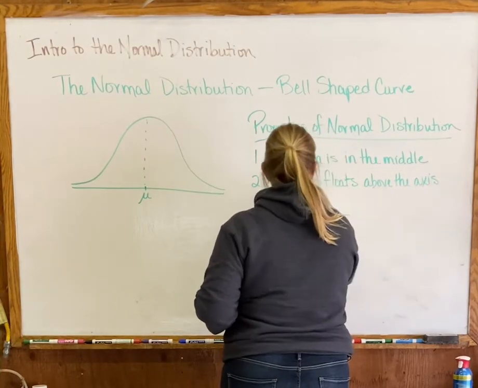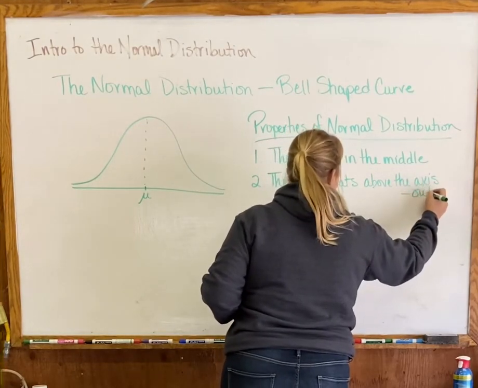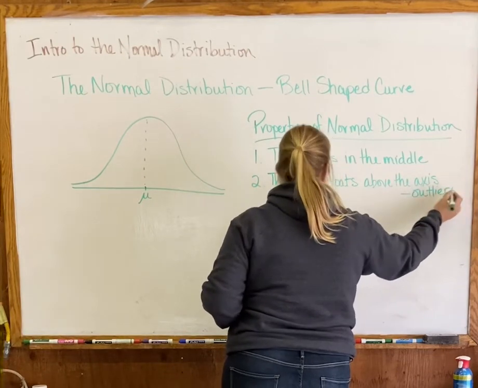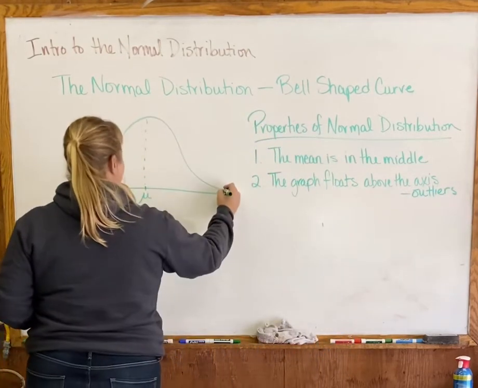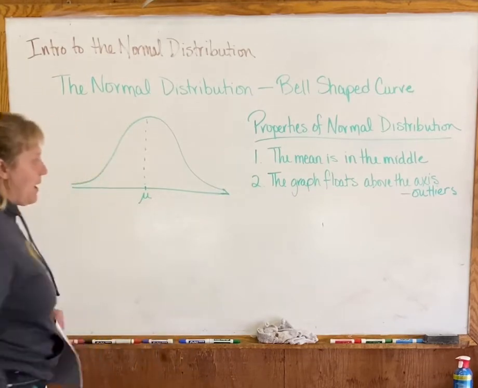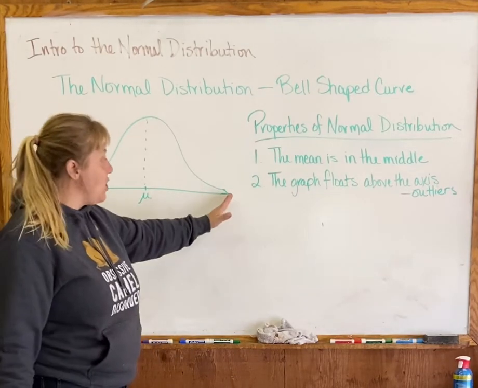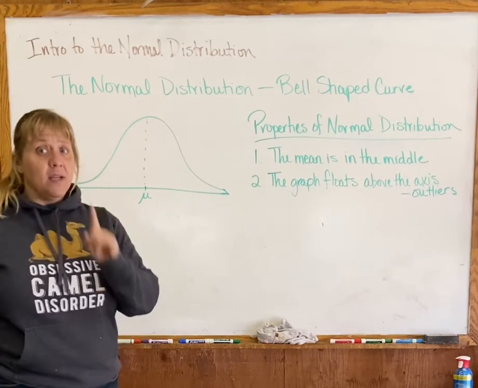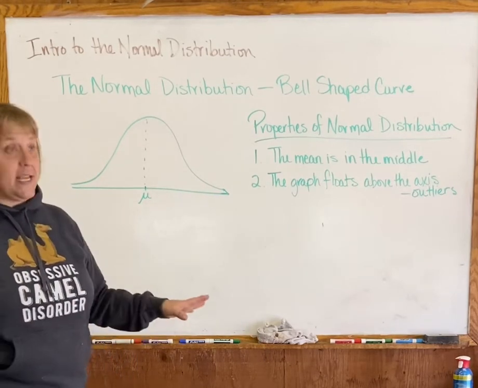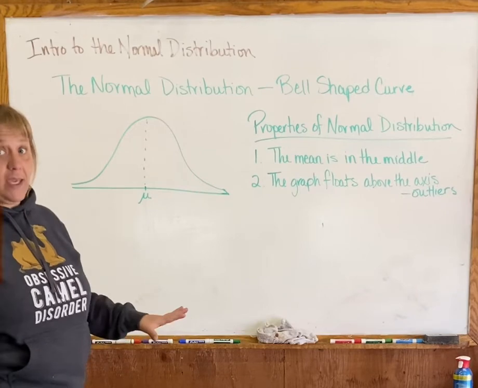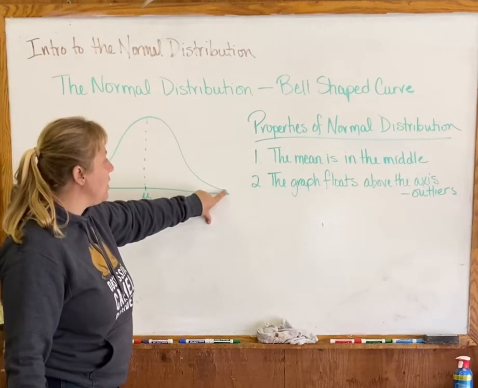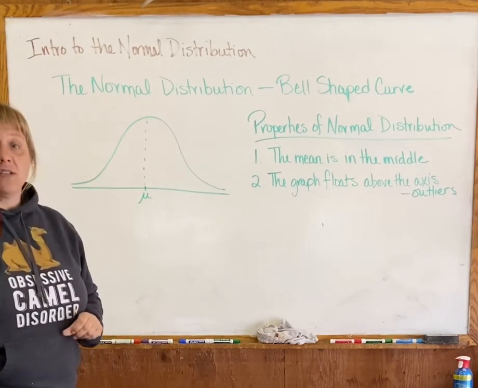And the reason for this is to take into account that we don't know about outliers. If we were to take our graph and just end it like that, then what we're saying is that we know for 100% sure that there is no outlier on this end. But unless we have all of the data, can we be that 100% sure? We can't, can we? So we leave it floating just to see if there's an outlier out there.